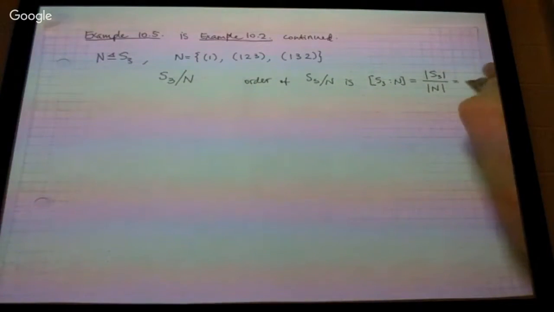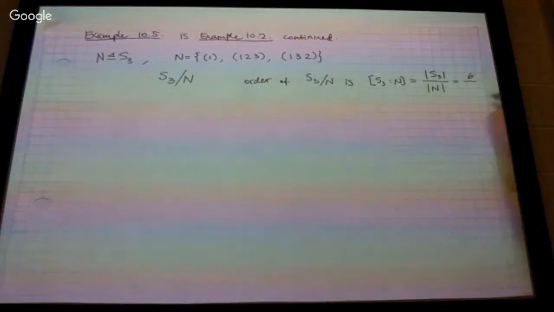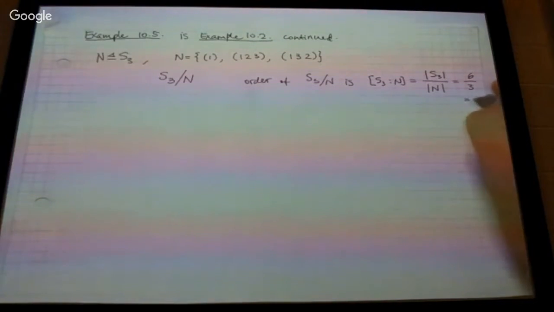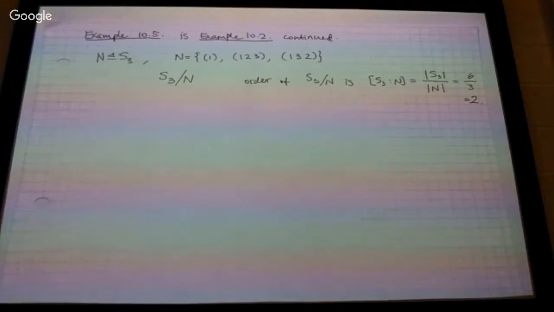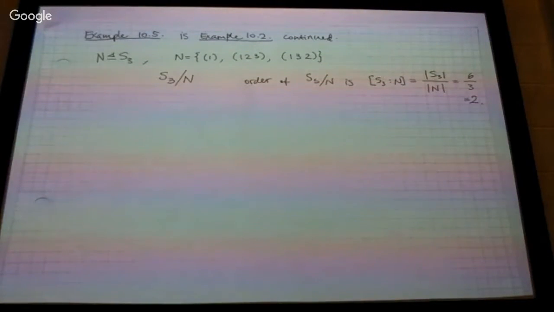S3 has order, well, it's all permutations of 3 elements, the symmetric group, so 3 factorial, which is 6, and N you can count has 3 elements, so it's going to be 2. So what do you expect this quotient group or factor group to be?